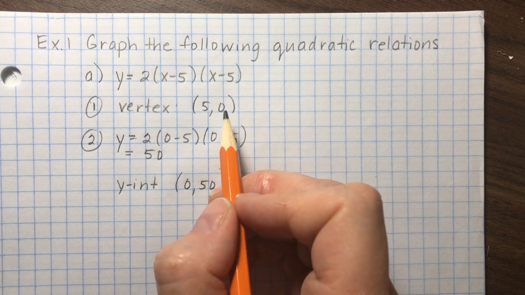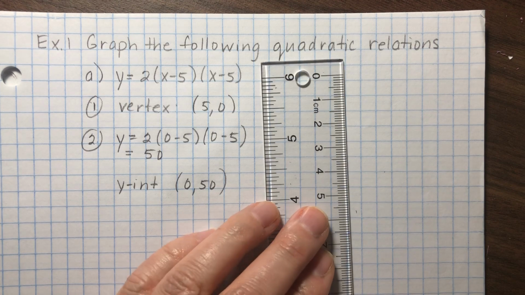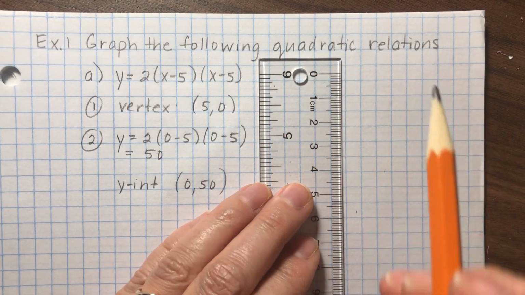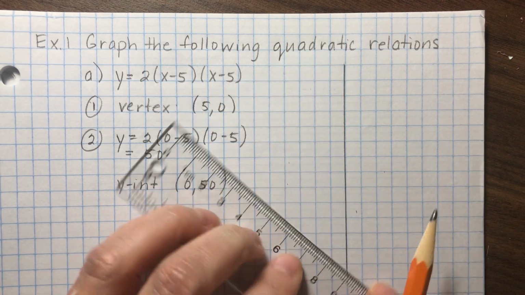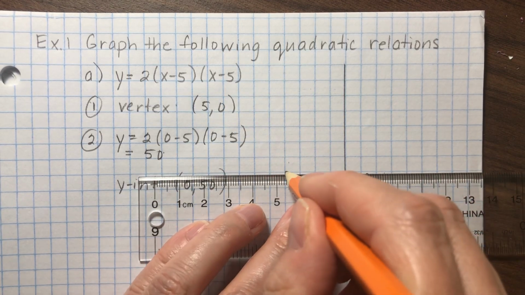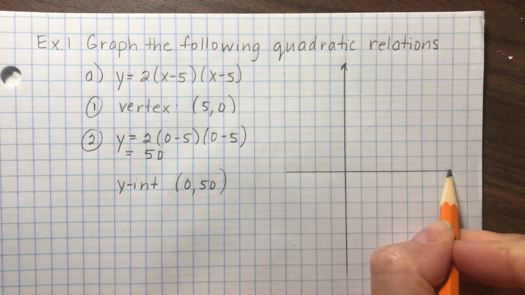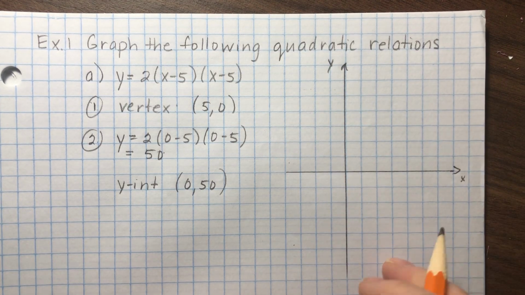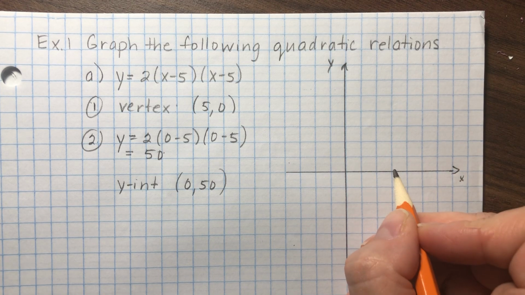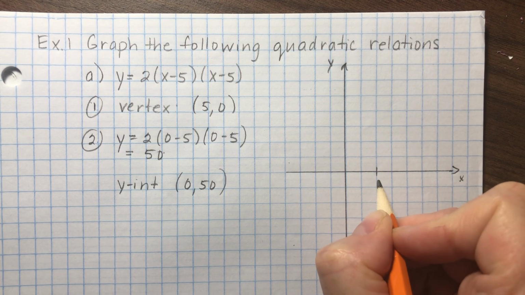So I have a vertex and I have another point, which is the y-intercept. And at this point, I'm going to plot those 2 points. And I'll put 5 here.